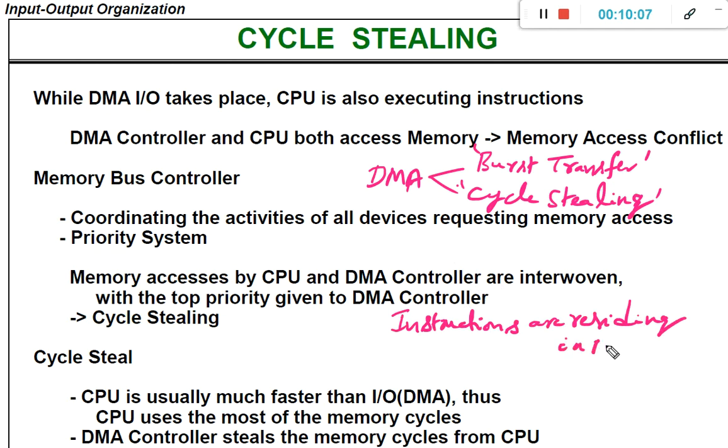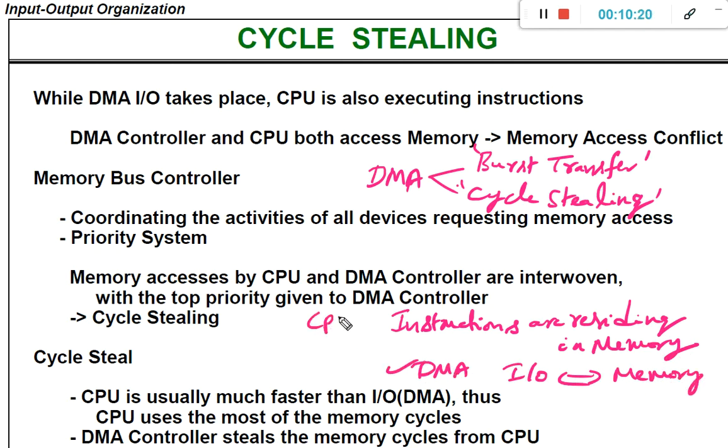Because the CPU needs to execute the instructions, and the instructions are residing in memory, and the DMA is going to perform data transmission between the IO device and memory, now both the DMA as well as the CPU are going to access the memory. So the DMA controller and the CPU both access the memory. That is why there will be a memory access conflict. However, because the CPU is very fast, the advantage will always be with the CPU.